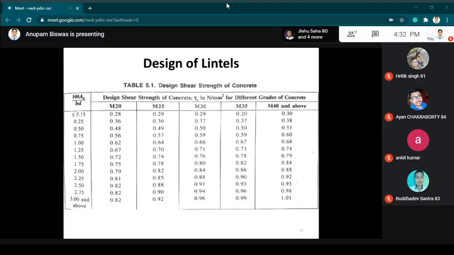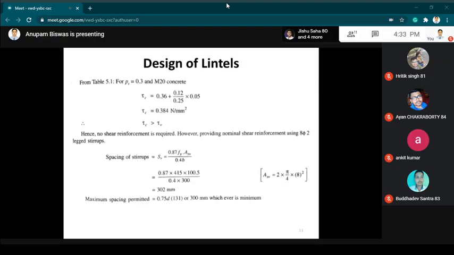From here, table 5.1, this table is given in your IS code, table 19 most probably, and from here, for our grade of concrete, we will obtain this value of 100 As by bd. So for the Pt value 0.3, M20, by interpolating the values, we will get the value of tau c, that is 0.384.